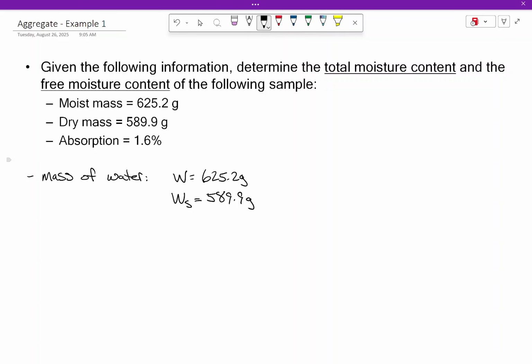Okay, so we have the weight of the total sample and then the weight of the solids. So comparing these two, how would I determine the weight of the water in the sample? How would I do that? Just do the moist minus the dry. Yeah, just subtract the two.